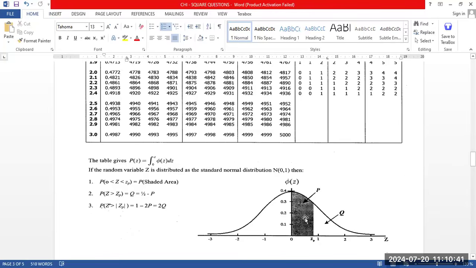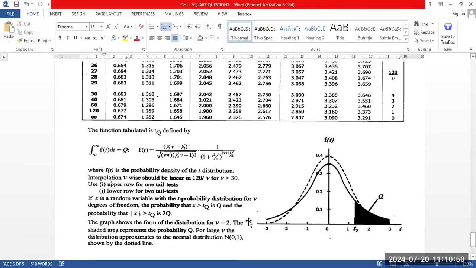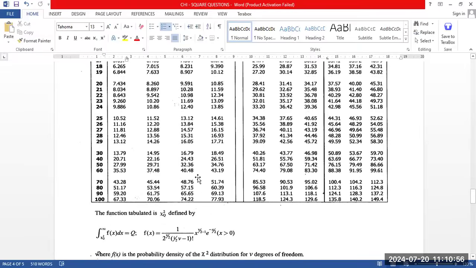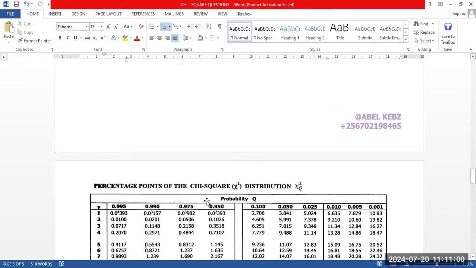There is this right side, then this left side. Even a T distribution has a left side, then it has also a right side. But here, nothing. So, what does this one mean?